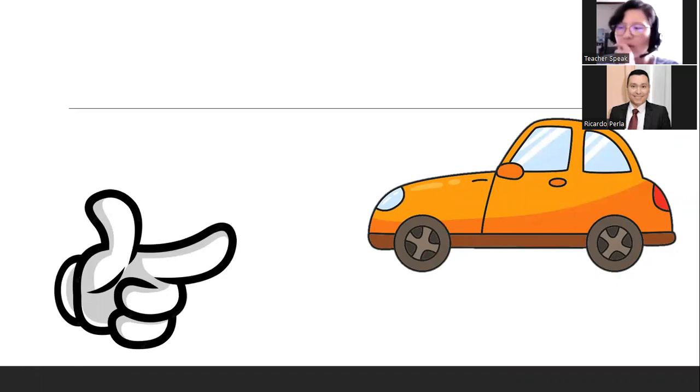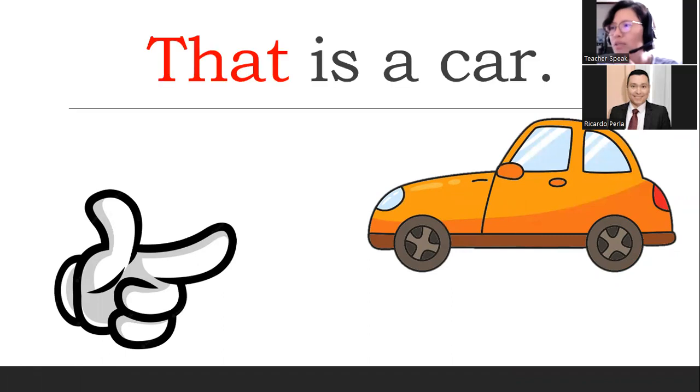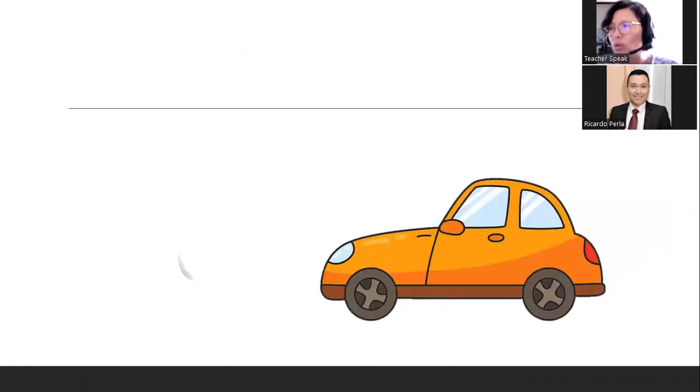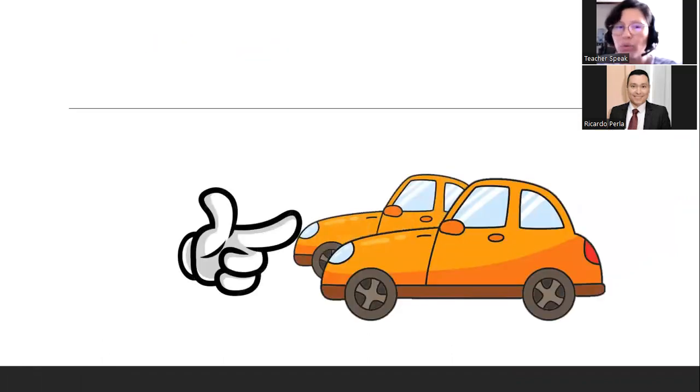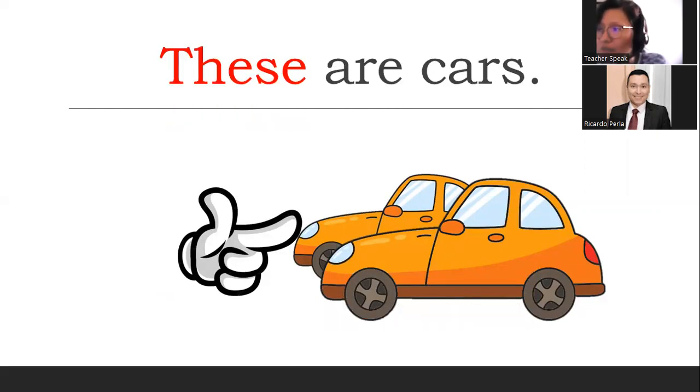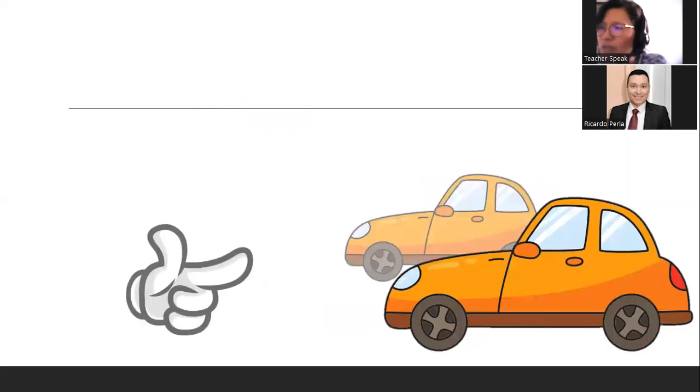Very good, correct. So we said that if things are plural and they are close, we use? In this case, because it's close, I use these. Very good, these, right? And if the object is far and it's plural, which one are you going to use? Those. Very good, excellent.